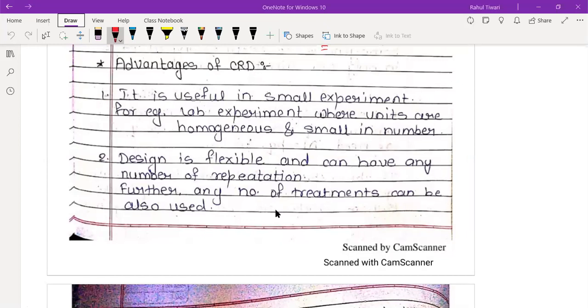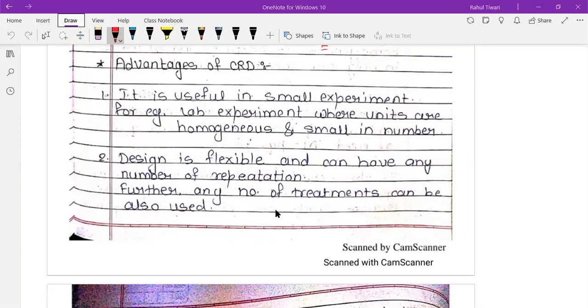It is not used for large data. So it is useful in small experiments, for example, lab experiments where the units are homogeneous and small in number. So when you have a small experiment, then one can use this method.